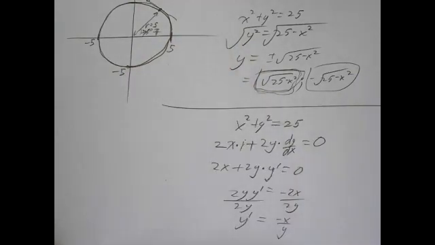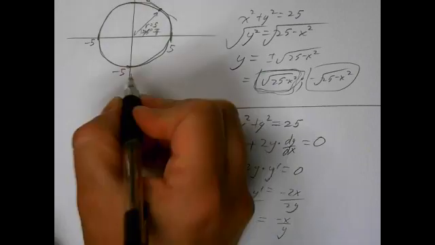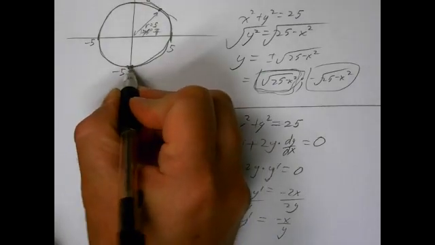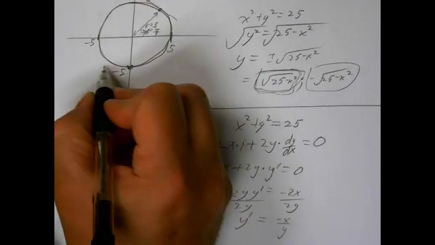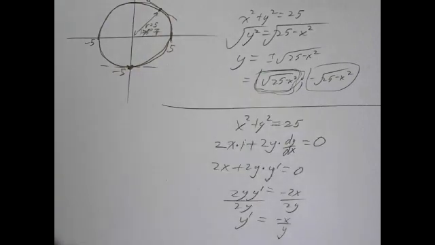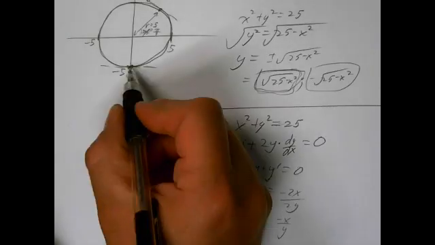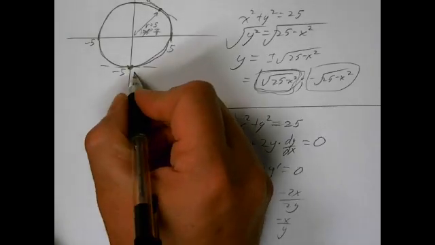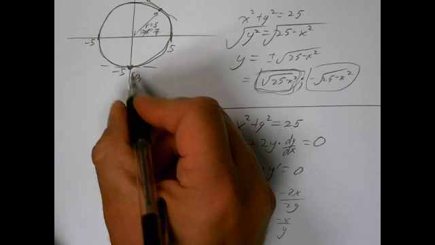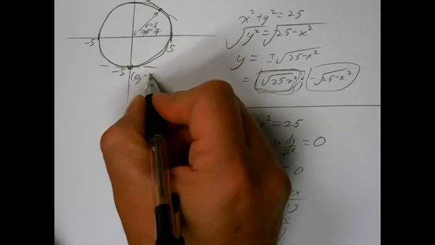As a matter of fact, let's grab one first where we know what should be happening. What we know is that down here, gun instinct tells us that should be a horizontal line. That slope should be 0. What I know about this point is it is the point 0, that's your x value because you're on the y-axis, -5.